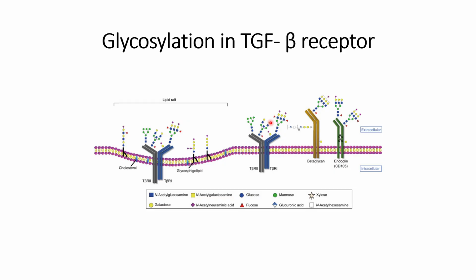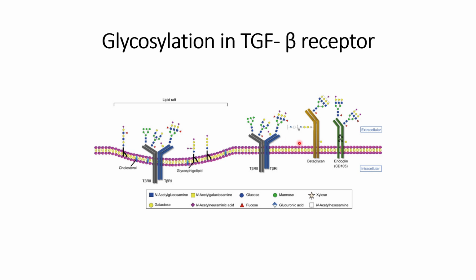Here we can see that TGF-beta receptor 1 has the Sialyl Lewis structures shown.